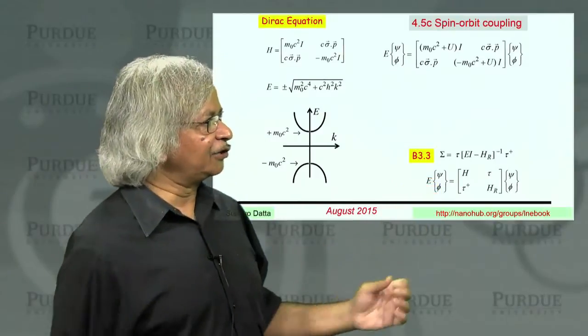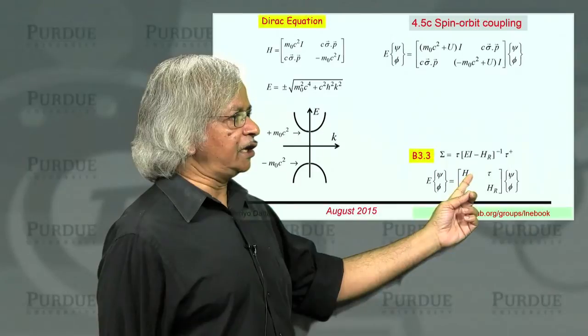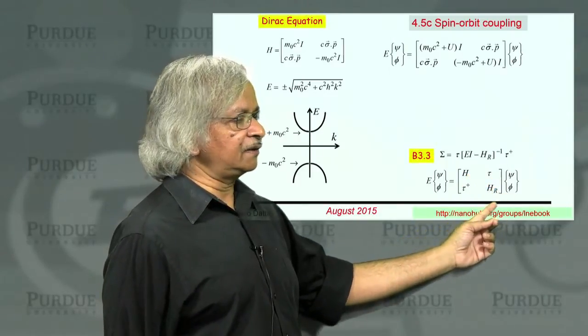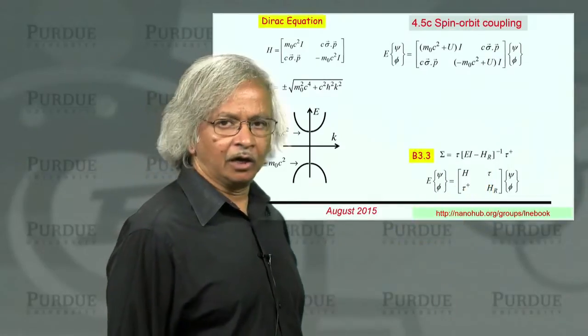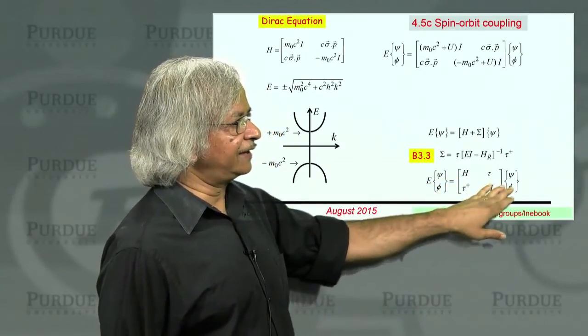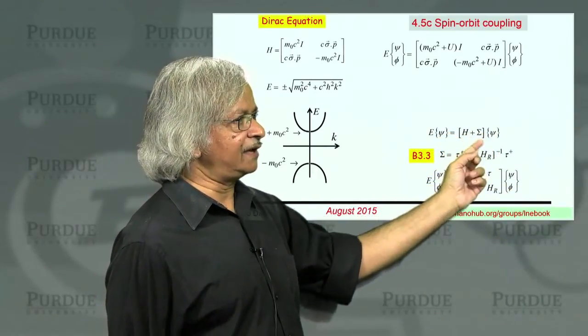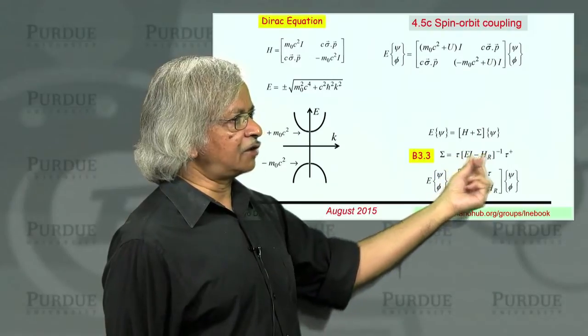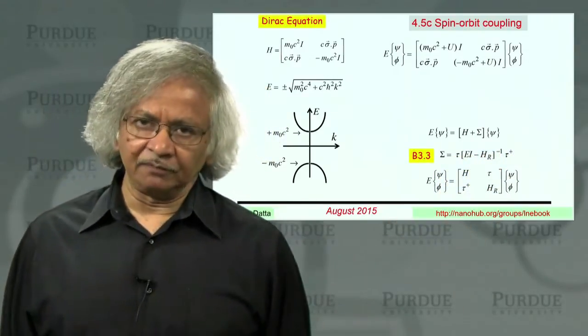There the argument we had is, supposing we had a device described by H and a contact described by HR, and they are connected by this matrix element tau, then you could get rid of the contact and write E psi equals H plus sigma psi, where the sigma is given by tau G tau dagger. This is the general method for calculating sigmas.